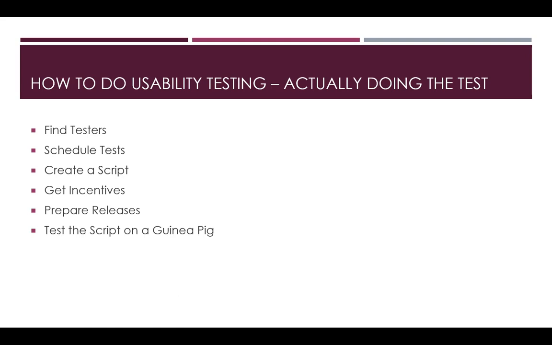So you want to use an internal tester from your organization to be a guinea pig to go over your script to help you fine tune it. I tested a script on an internal person and actually came up with quite a few improvements that I needed to make. So definitely test your script using an internal guinea pig.